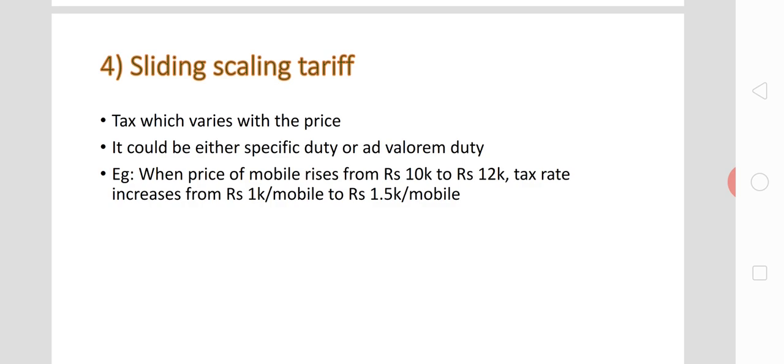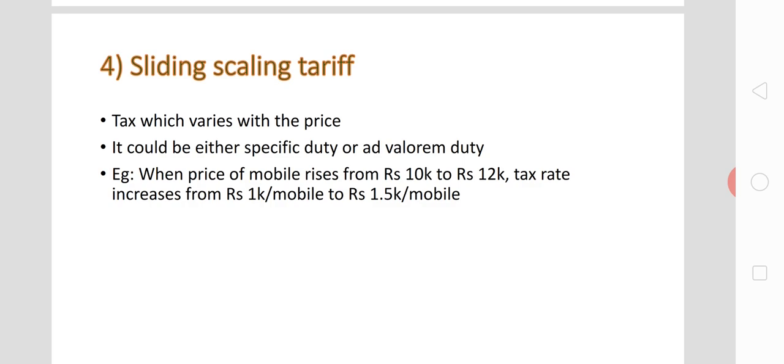Both ad valorem duty and specific duty cannot be levied on a single commodity in tandem. So it could be specific duty one time, and another time it could be ad valorem duty.